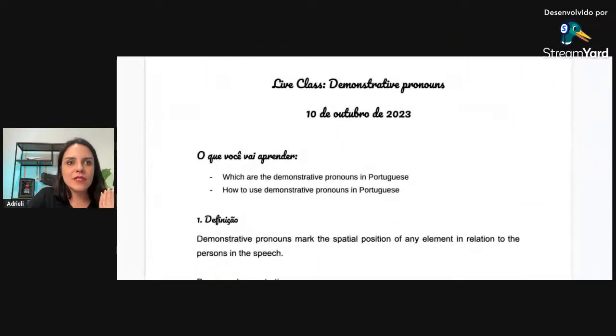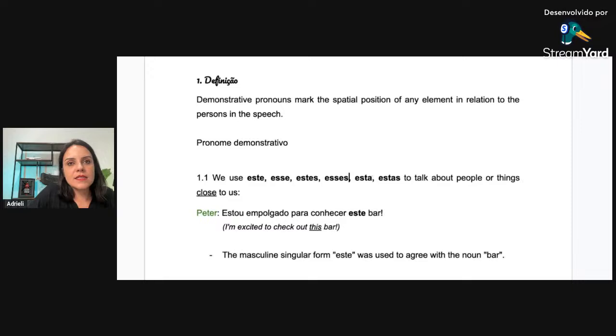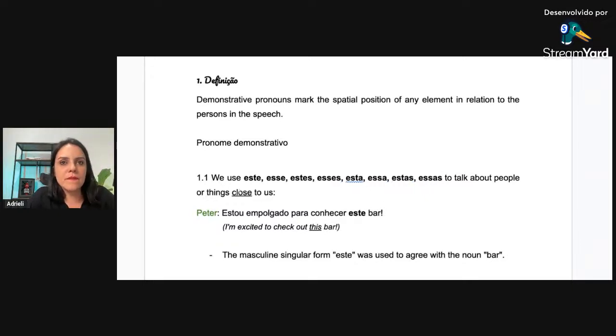So let's go back to the beginning. To talk about proximity to the speaker, we can use este, esse, estes, esses, esta, essa, estas, essas, okay?